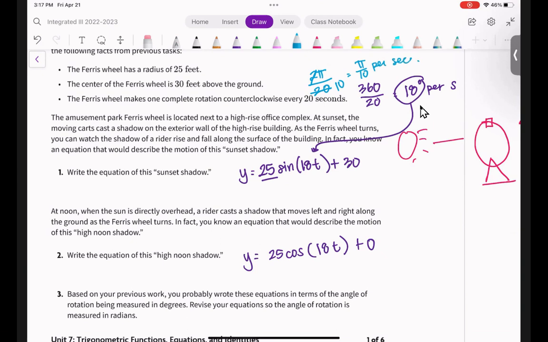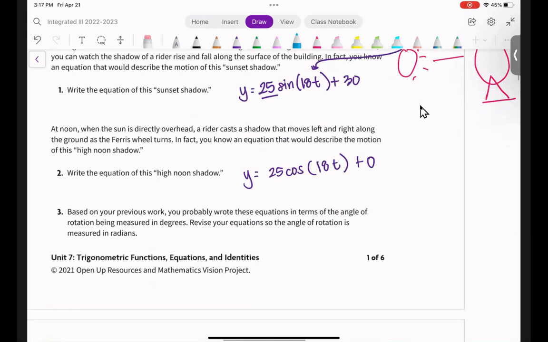So what does that mean? It means that's how fast the shadow is traveling left and right or up and down on the building or on the floor. It's traveling pi over 10 radians per second. So then I'm going to change out my equations, the same equations that I just drew here.